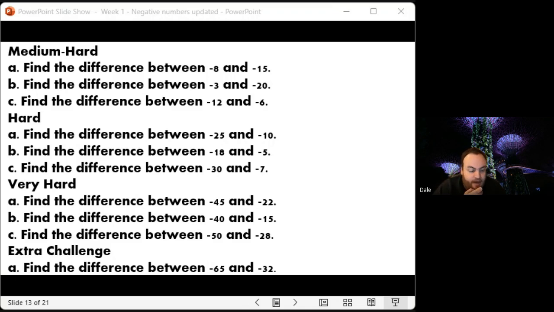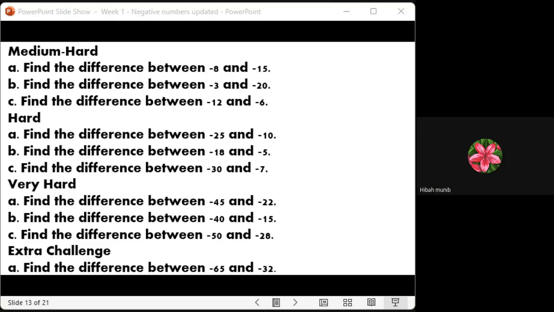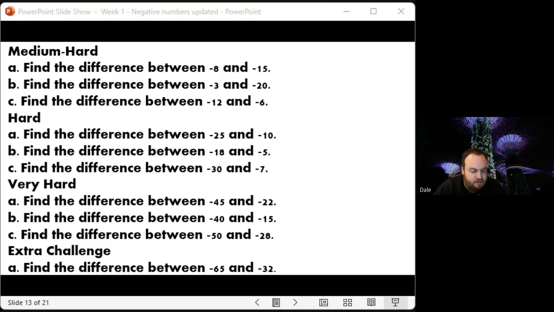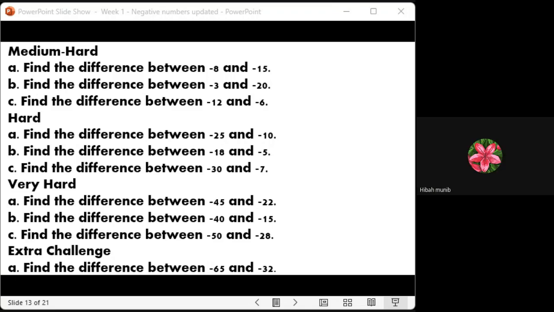Let's go to Hiba. Hiba, can you give me the answer for hard A, please? Hard A is 37. Are you sure hard A is... I told you the wrong one. Okay, Hiba, do you want to read out the answer to hard A then, please? Hard A is 25.